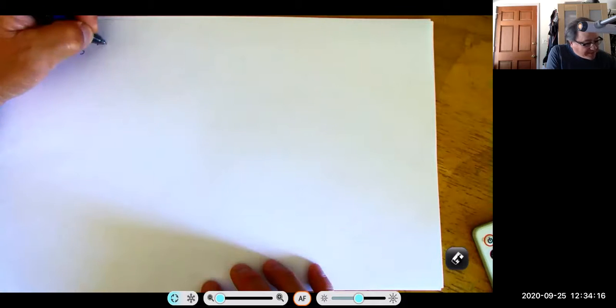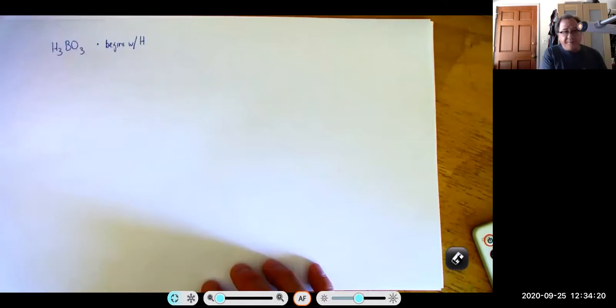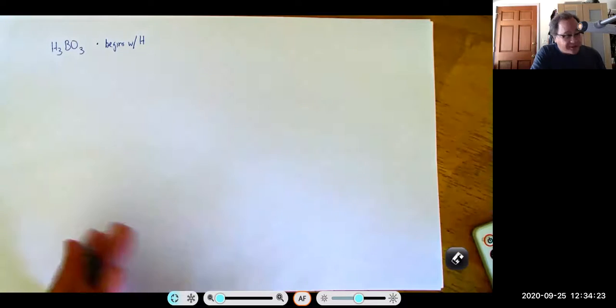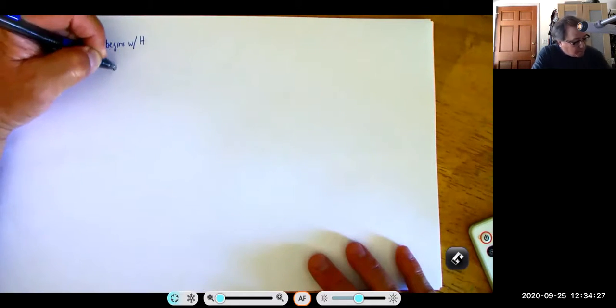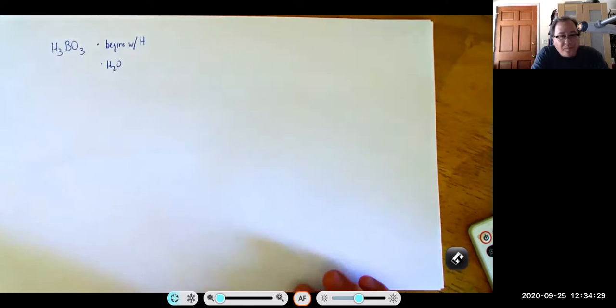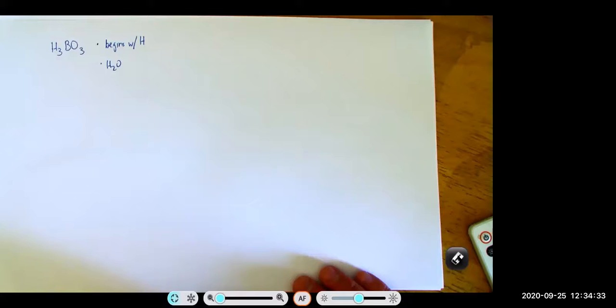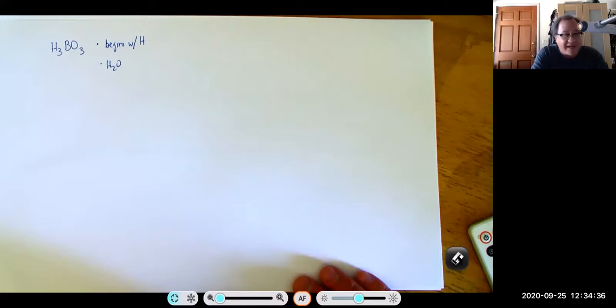One, it begins with hydrogen. If it begins with hydrogen, it's probably an acid. What does that tell you about H2O? Harry? That it could possibly be one? It definitely is an acid. It's a very weak acid, though.